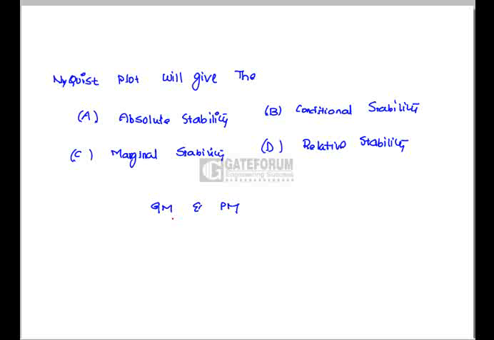We know these two parameters are relative stability measurement parameters, because gain margin is calculated with respect to the phase crossover frequency, and phase margin is calculated with respect to the gain crossover frequency, where the gain becomes 1. The phase crossover frequency is the frequency where the phase becomes minus 180 degrees. This gives the relative stability with respect to minus 180 degrees, and phase margin gives it with respect to unit magnitude. So it gives the relative stability, which is option D.